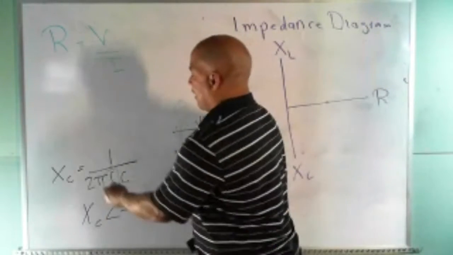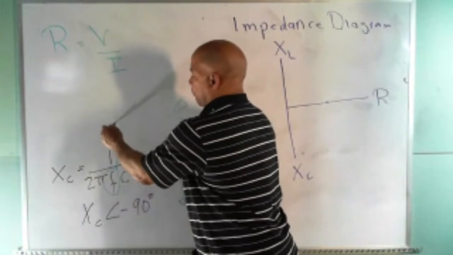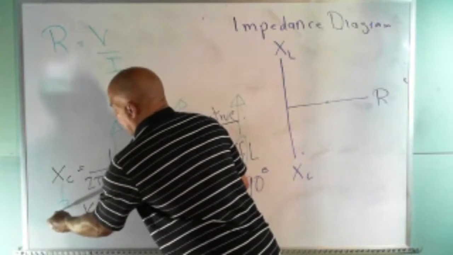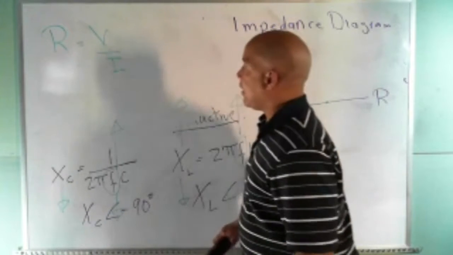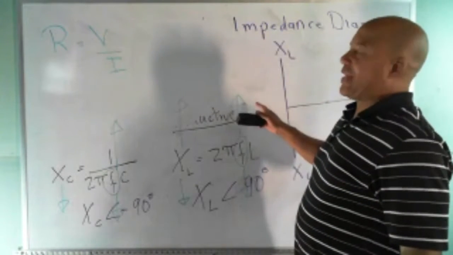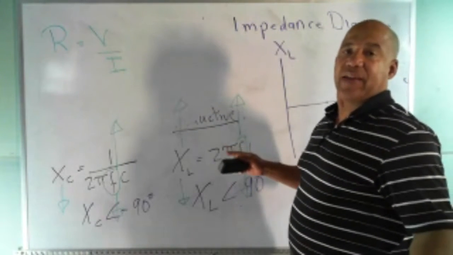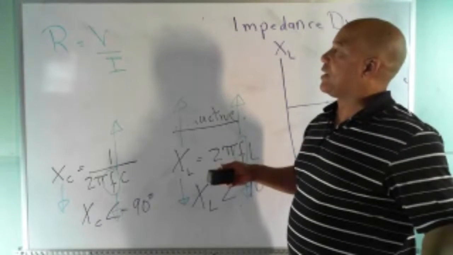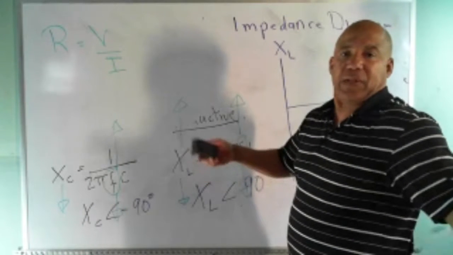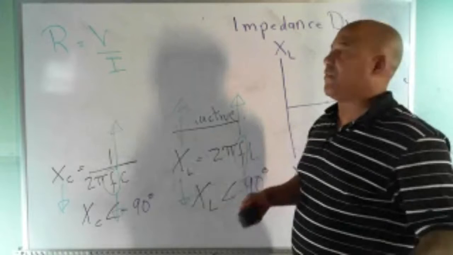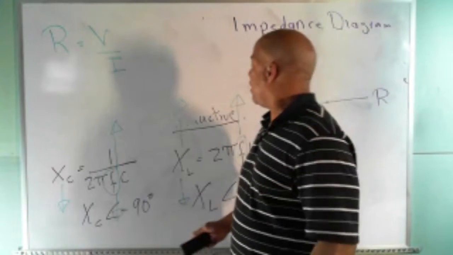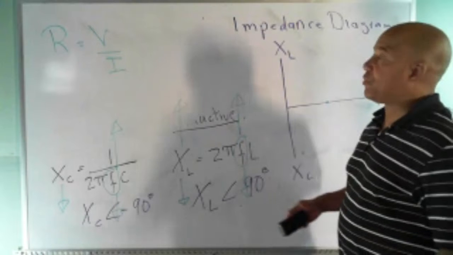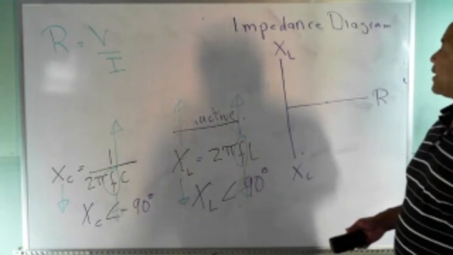Here's the opposite. Here, if I increase the frequency, this opposition goes down. If I decrease the frequency, this opposition goes up. So XL and XC are ohms whose value is frequency dependent. It can vary. If I vary the frequency, I'm going to vary the ohmic value of XL and XC. So that word react and reactance, you can think of it like that.